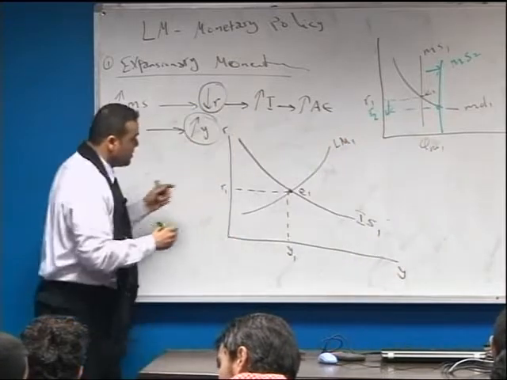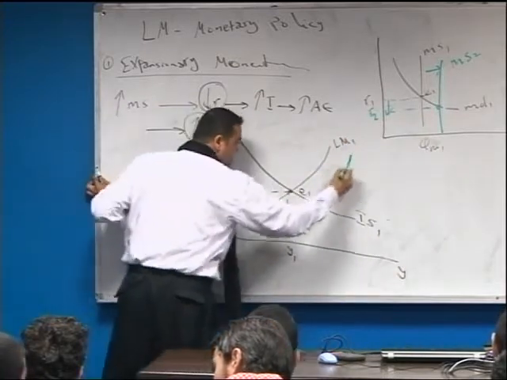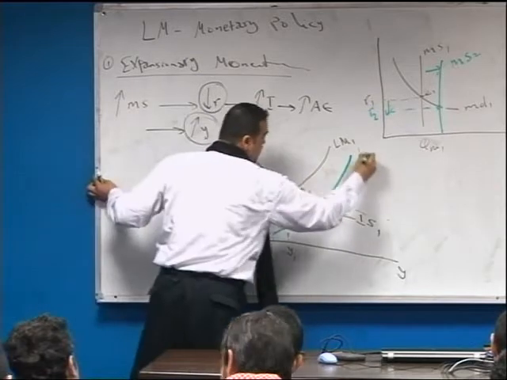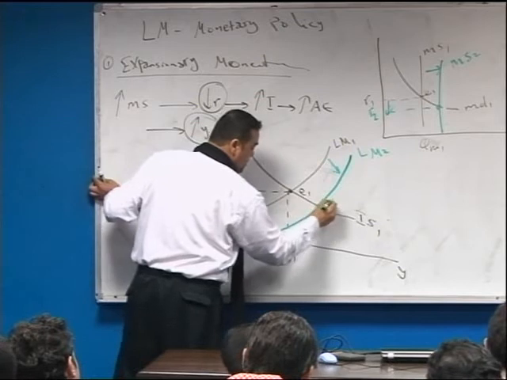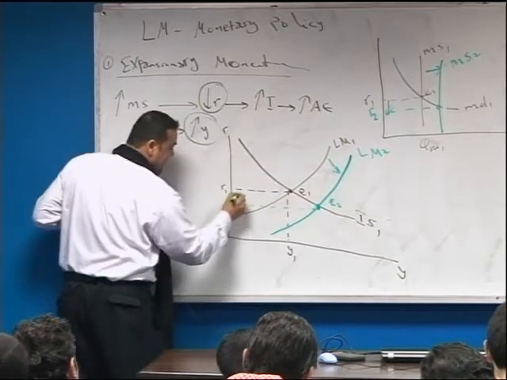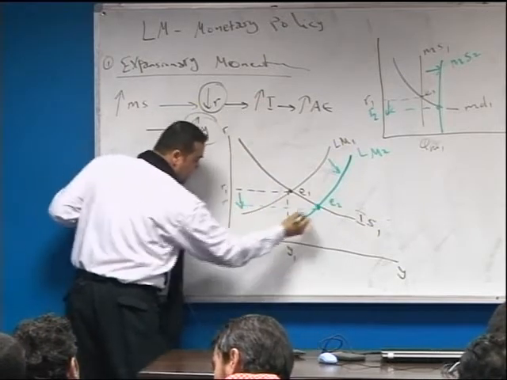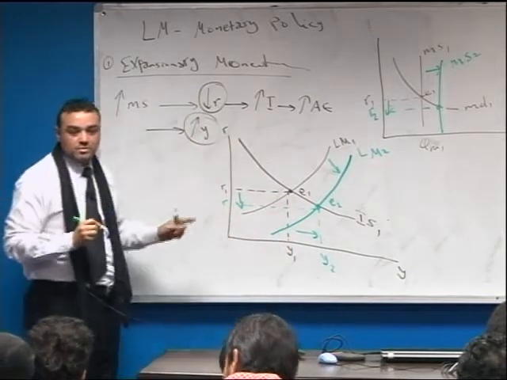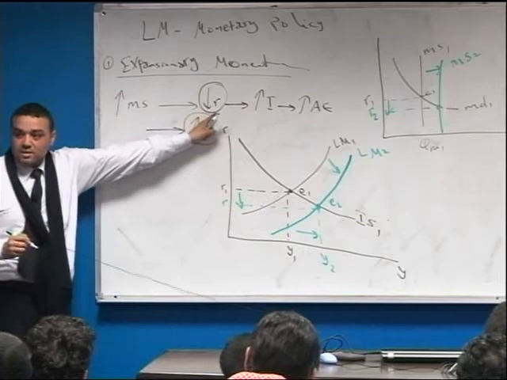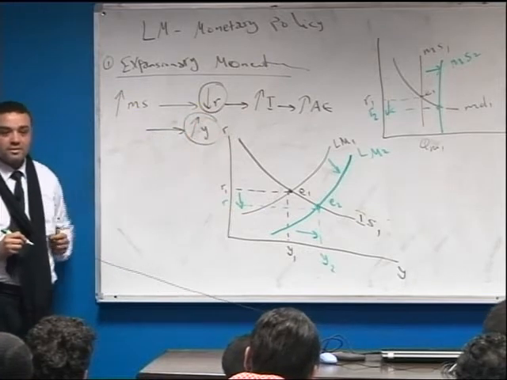This is the LM curve. Make a rightward shifting, LM2. What happened? We have a new equilibrium point E2. There is a decrease in R and an increase in Y. Is our analysis correct or not? Yes. Decreasing in R, increasing in Y.